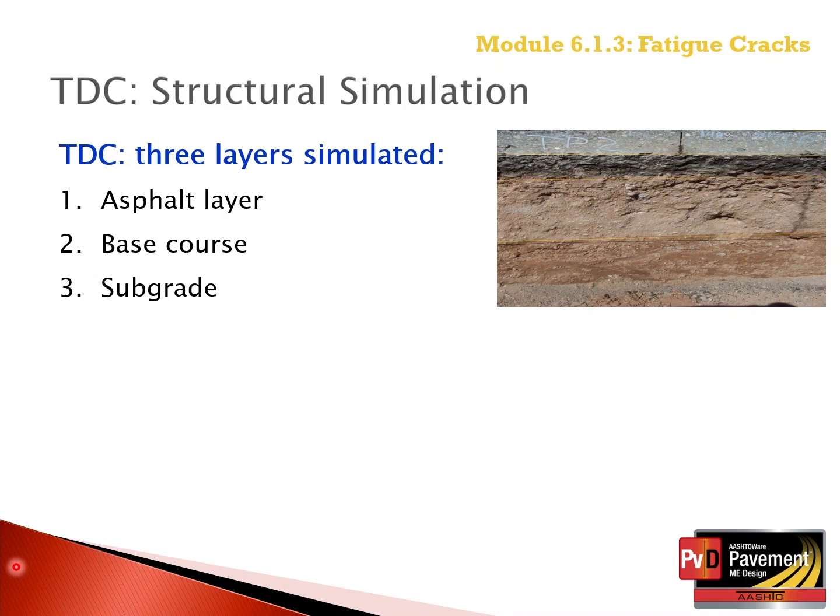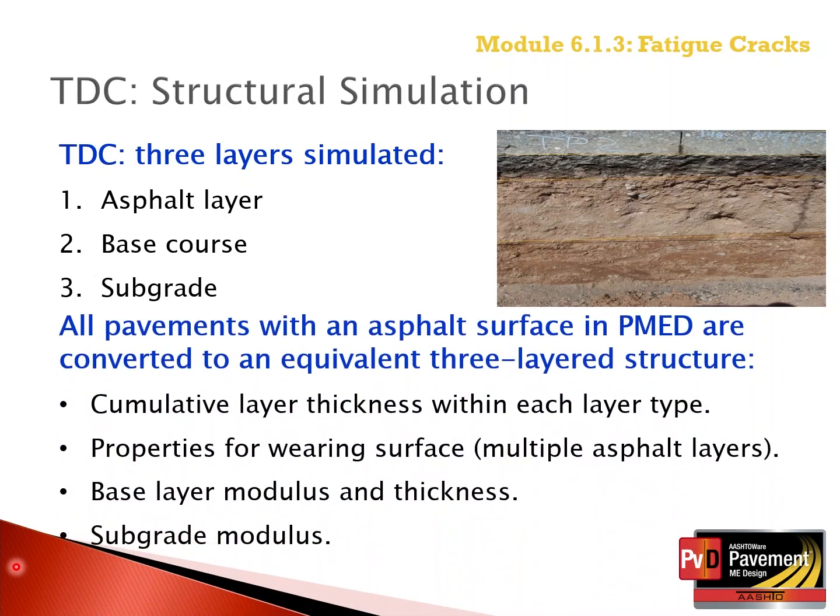In summary, the pavement structure was composed of 3 layers: an asphalt layer, an aggregate base layer, and a subgrade layer. All pavements with multiple asphalt layers were converted to an equivalent 3-layer structure for which the asphalt layer was the most important.